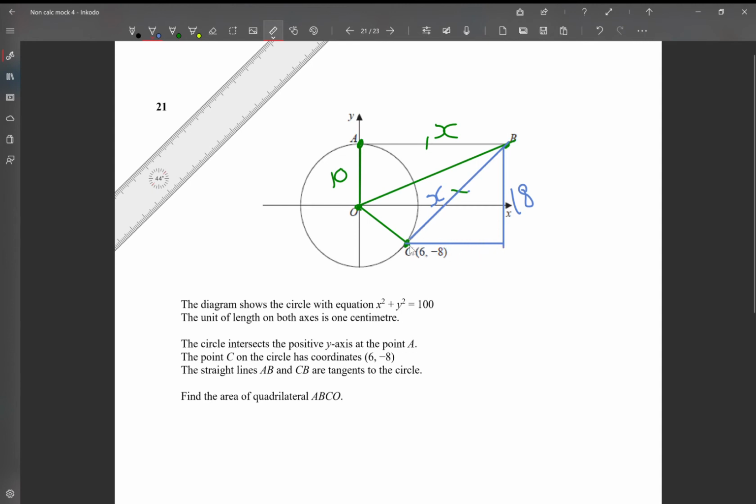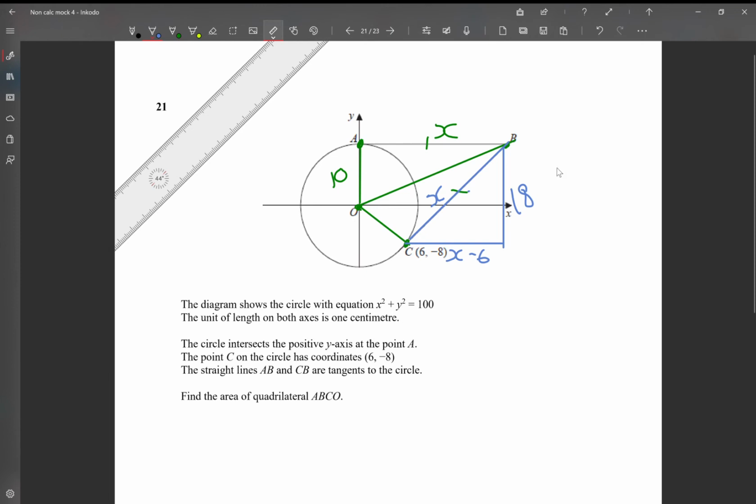The width of this is the same as this: x is all the way along here, parallel to this one, but it's less 6 because it doesn't go right to the end. So we'll call this x minus 6. Now we can use this formula to find the value of x.